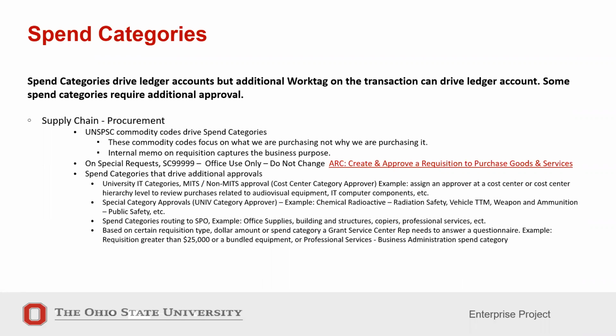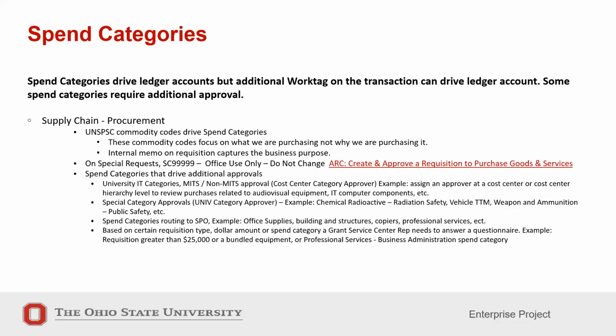There is a spend category that was created, SC 99999, that people can use. When you're purchasing something from a catalog and you select that item, the spend category is going to default for you.